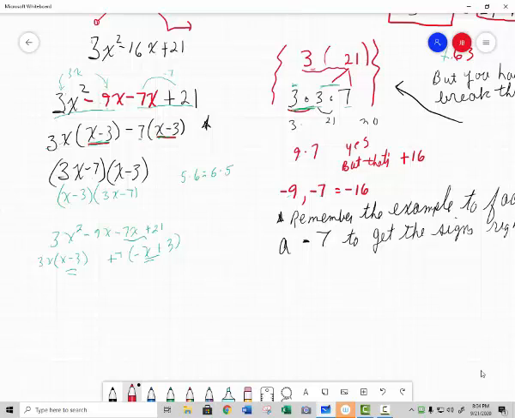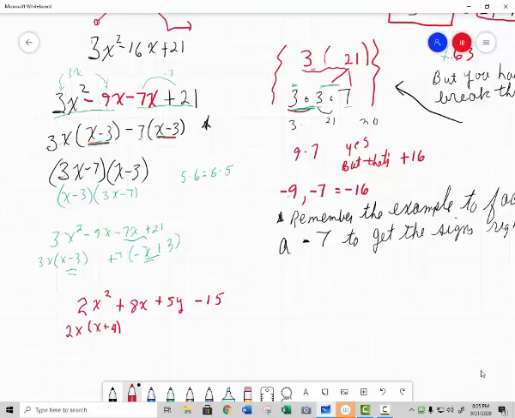Okay, let's look at one more example just to make sure that you've got this down. Let's look at 2x squared plus 8x plus 5y minus 15. Now if I group the first two and I take 2x out of each one, I'll have 2x times x plus 4.